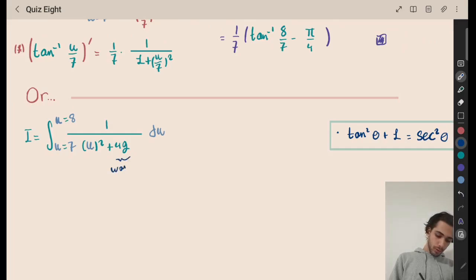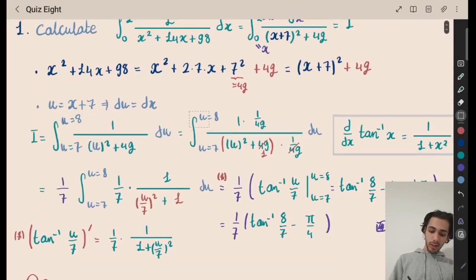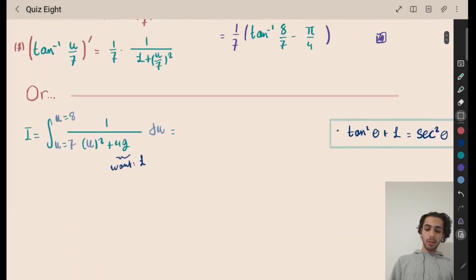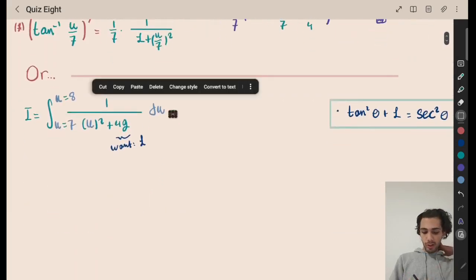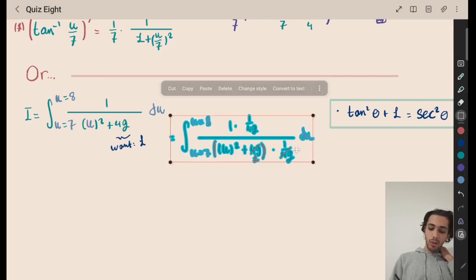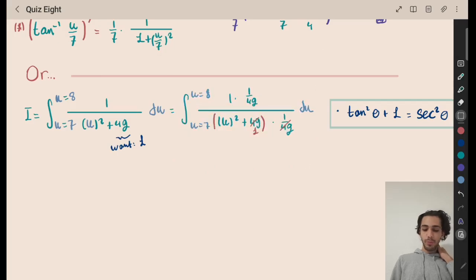So, I want a 1. Then I can just multiply this by 1 over 49 and then 1 over 49, just like I did here. So here I have different motivations. I already know the tan inverse function is the derivative of whatever function I had. But the different motivation here is to use one of the identities.